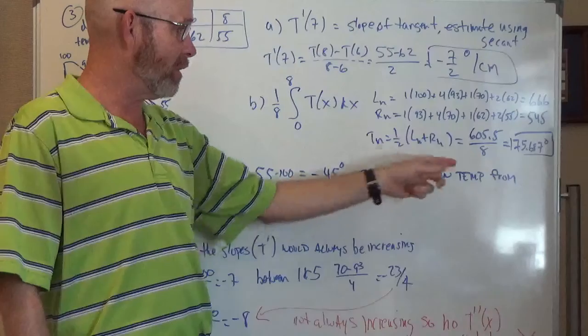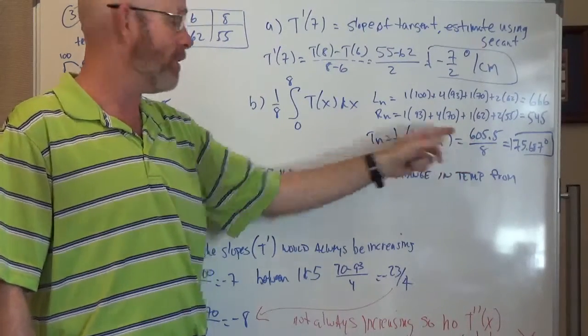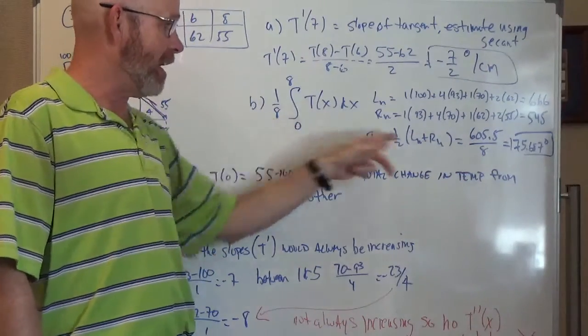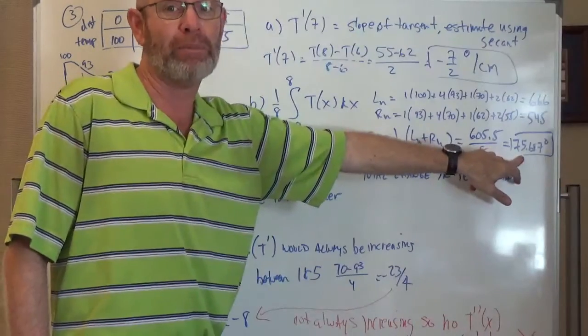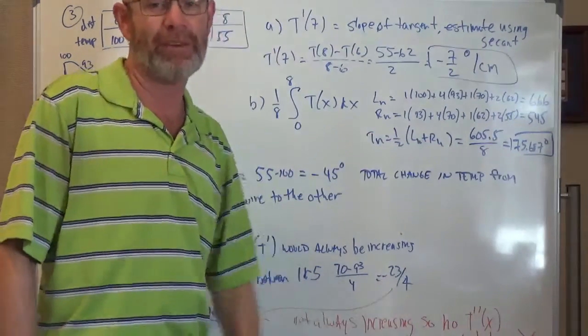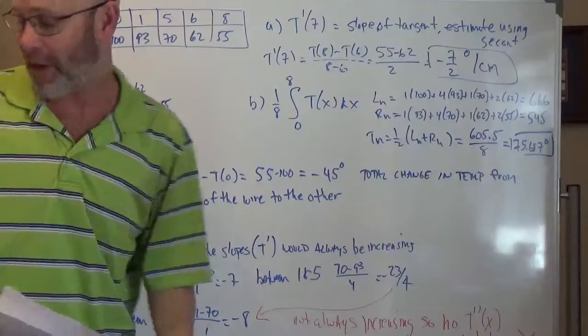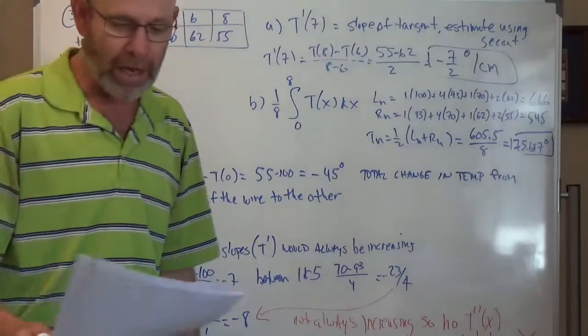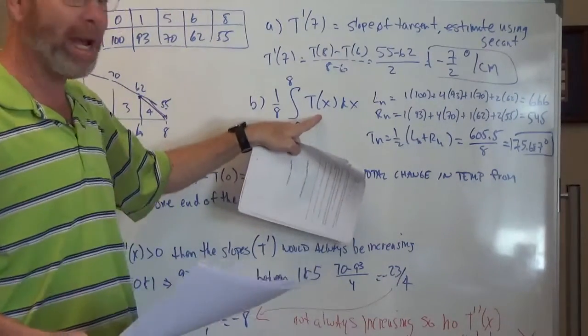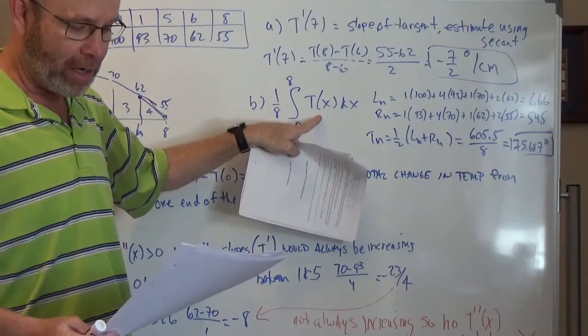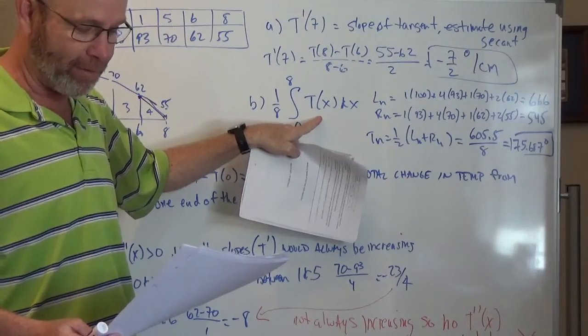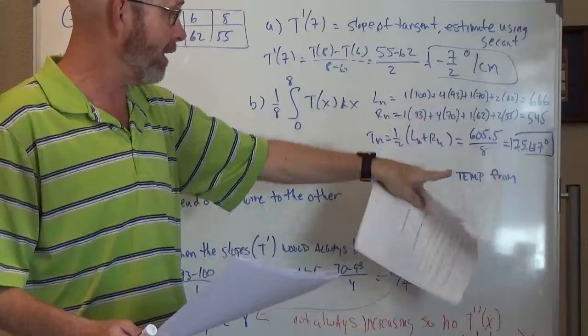Trapezoidal rule is the average of those two. Got 605.5. That's the area, and then I need to divide it by 8. So the average temperature is 75.7-ish degrees. If you're grading that one, 1 point for just writing the integral correctly, and 1 point for doing the trapezoidal rule correctly.